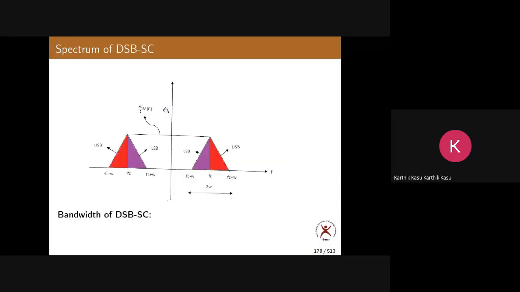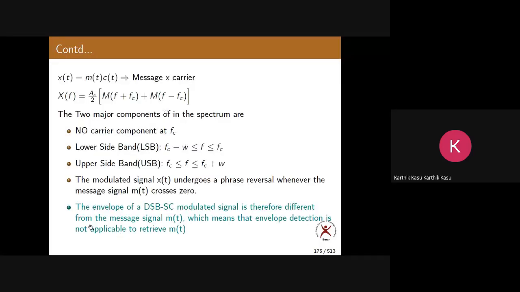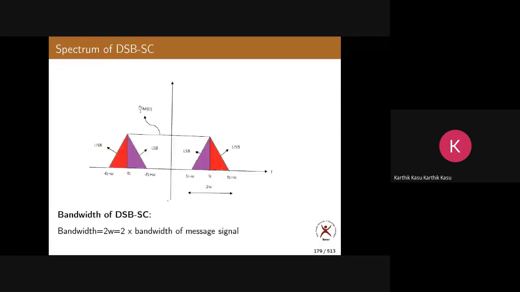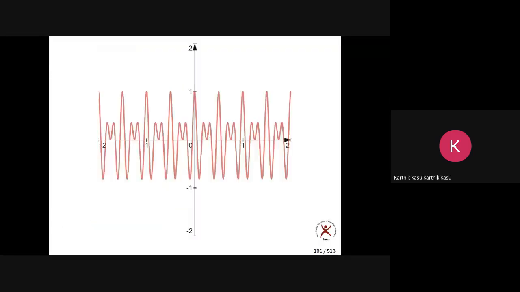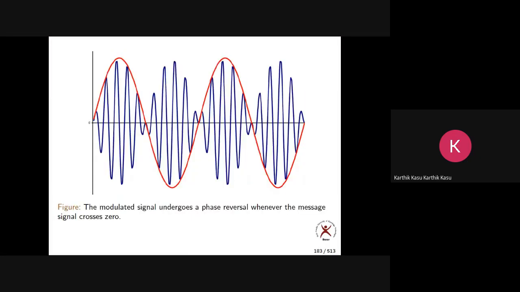So that's why I told you one thing. The envelope of DSBSC modulated signal is therefore different from the message signal, which means that the envelope detector is not applicable to retrieve m of t, because your envelope is not proportional to m of t, it is proportional to mod of m of t.